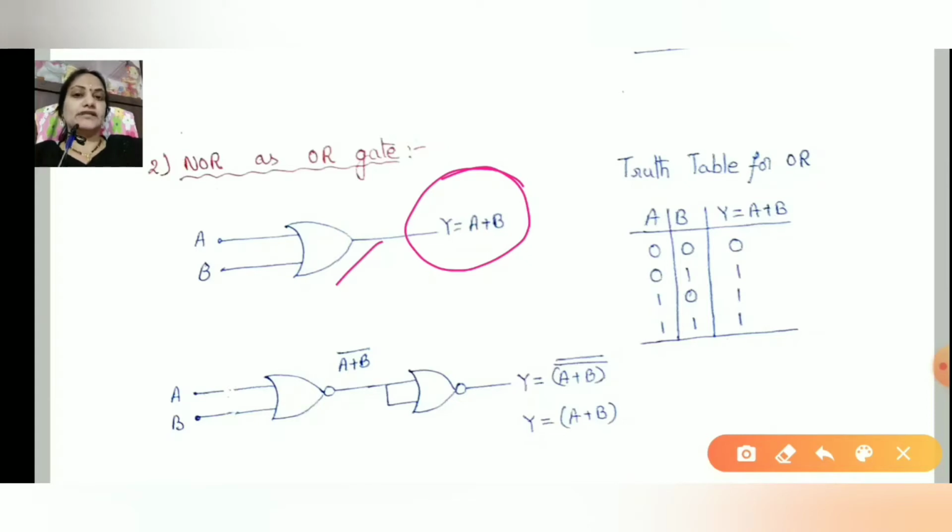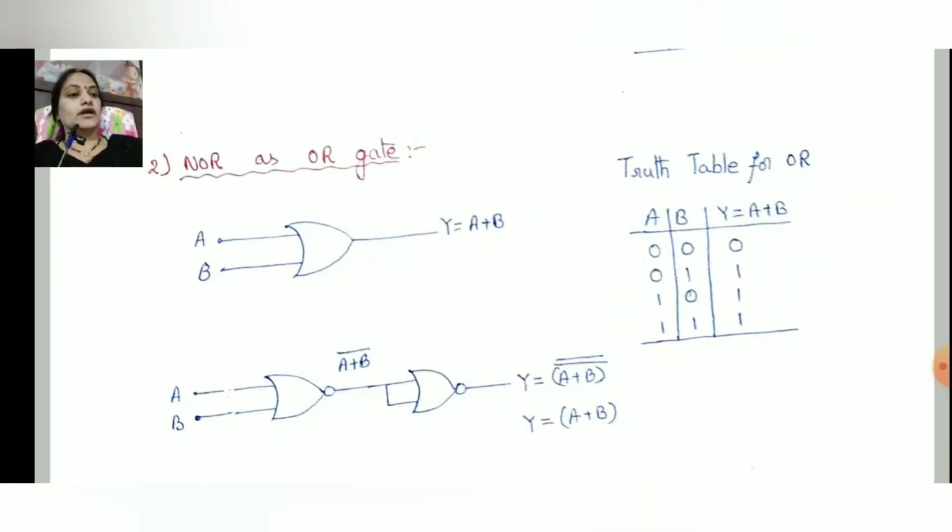Okay. Here the inputs are A and B. That is why we got the output as the addition of inputs, that is A plus B. It is the truth table for OR gate. Okay. In case of OR gate, for 0 0 condition only we are getting 0. But in other conditions we will get 1 only.